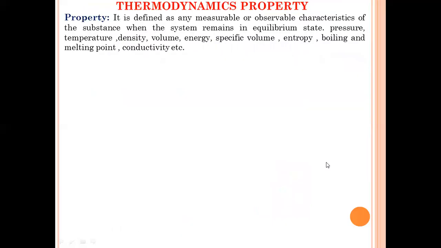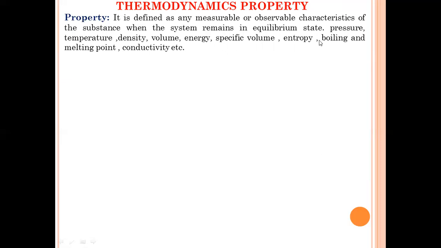Thermodynamic property. A thermodynamic property is defined as any measurable or observable characteristic of the substance when the system remains in equilibrium state. A substance within the system has different properties. And what are the different properties?